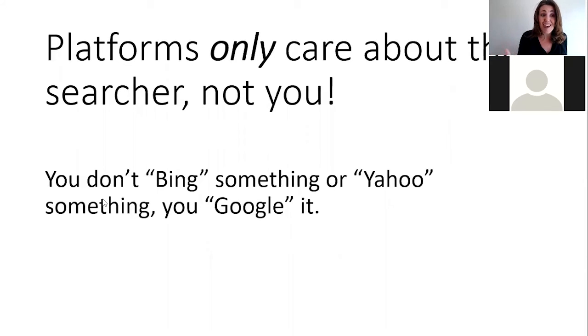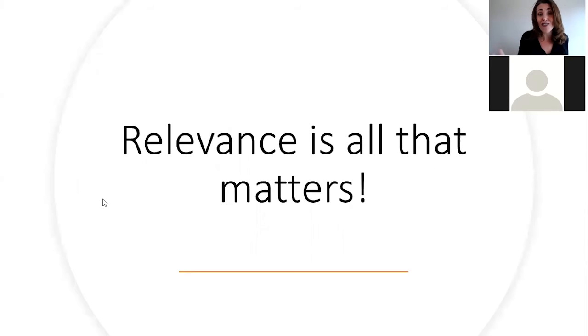And that is because Google is the king of search, right? The reason why they are king and will remain king is because they're giving the best results. The only way they stay on top is if they give you the most relevant results. And that's really all that matters, is who's giving the most relevant results to the searcher looking for it.